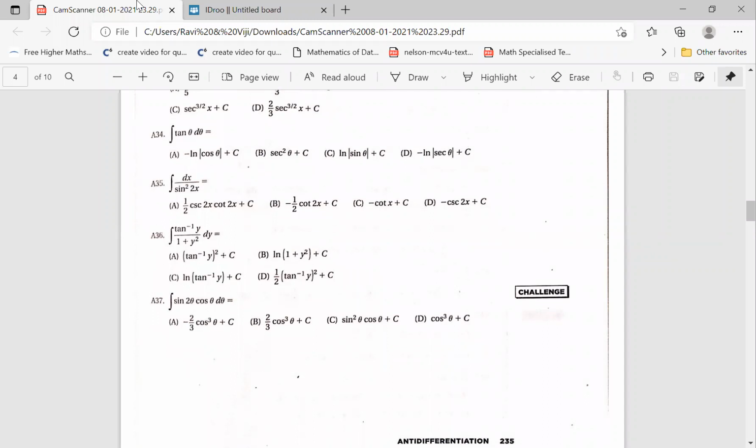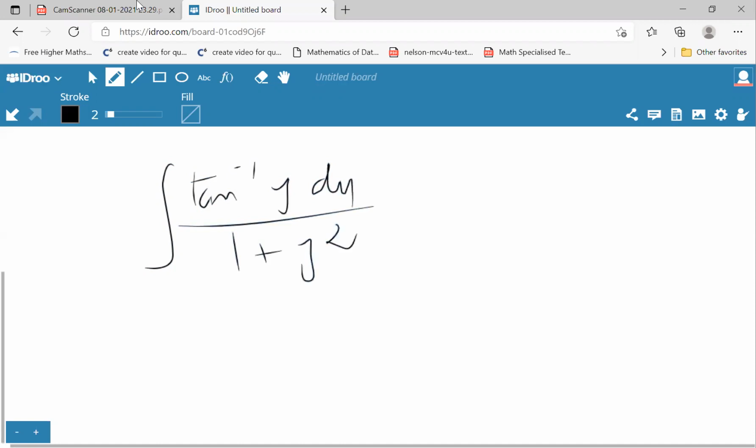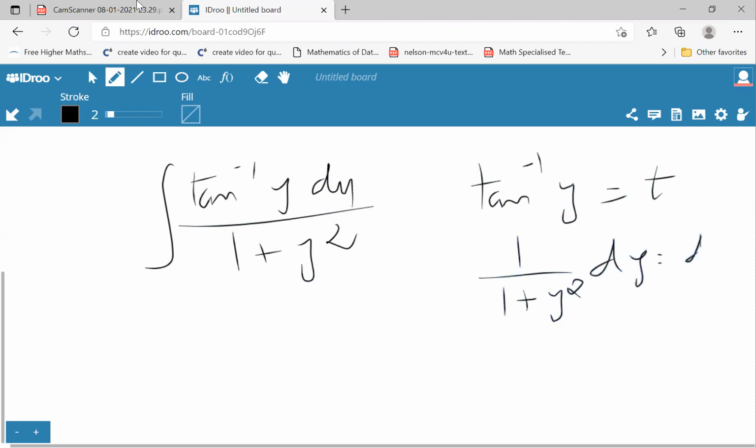Integration of tan inverse of y dy by 1 plus y squared. This is going to be a straightforward question. We can take tan inverse of y as t. When you differentiate on both sides, you get 1 by 1 plus y squared dy is equal to dt.